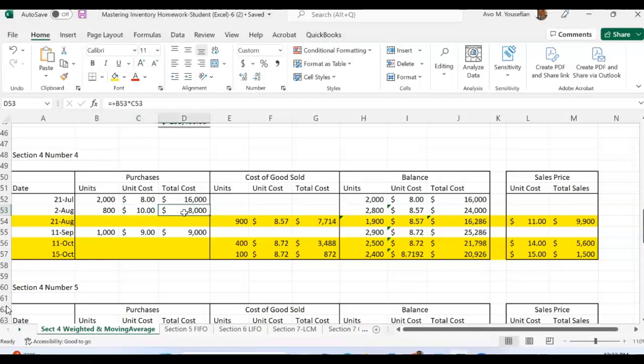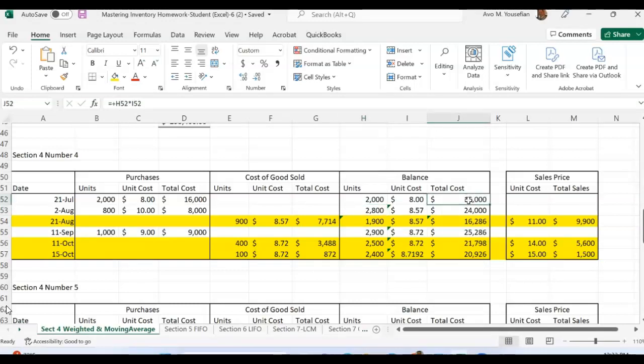So multiply 800 times 10, and that's $8,000. Now that unit will be added in here. So it will be 2,000 plus 800, that's 2,800.